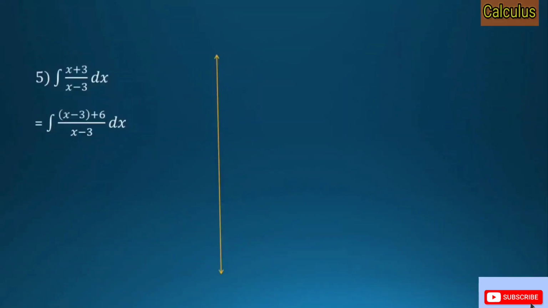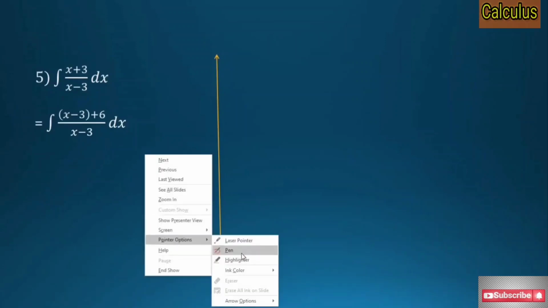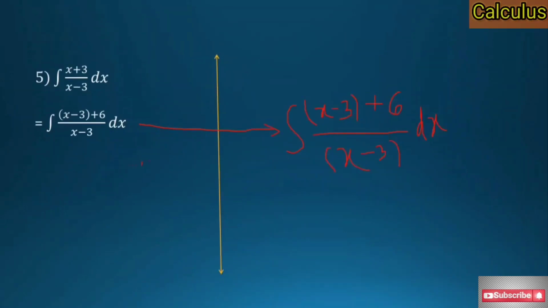Question number 5 we have integration of x plus 3 by x minus 3 dx. You can write x minus 3 plus 6 by x minus 3, that becomes integration of x minus 3 plus 6 by x minus 3 dx.